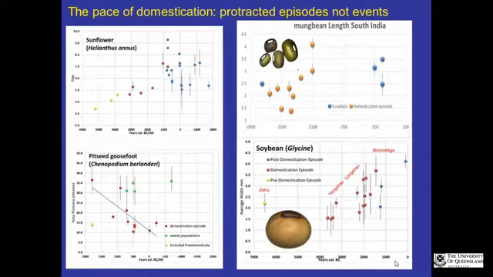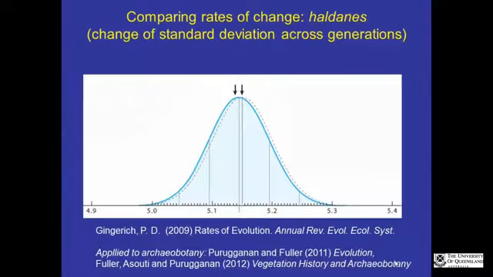And of course, if you can look at them across time and population, you can start to try to quantify how much change. Evolutionary biologists have been doing this kind of thing for a while, so we can borrow some things from the evolutionary biology playbook. There's something called a Haldane rate, which is a way of quantifying phenotypic change. This then allows you to compare across species and across traits.